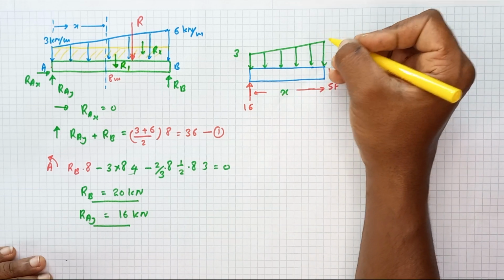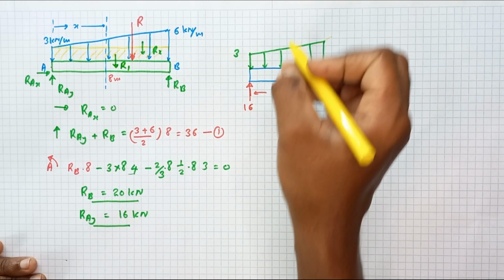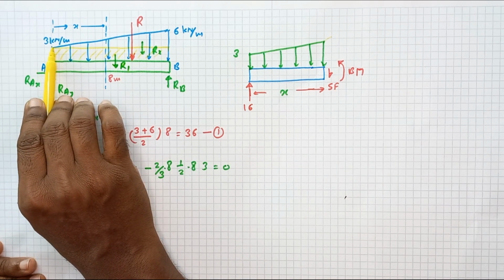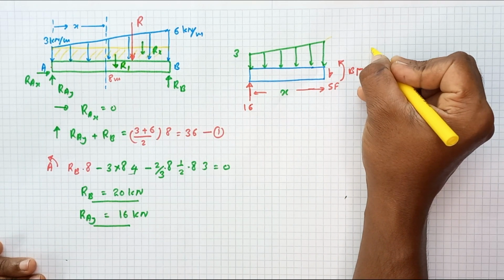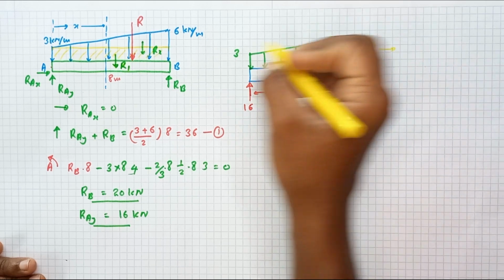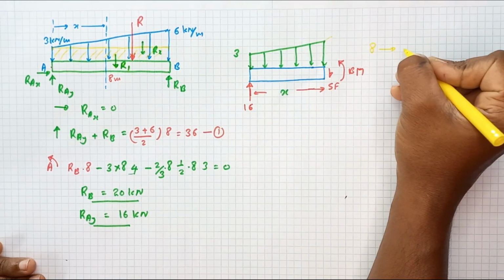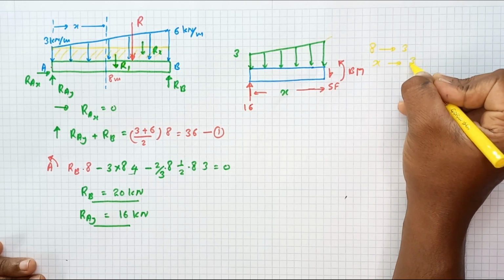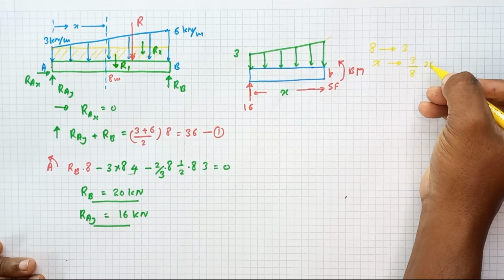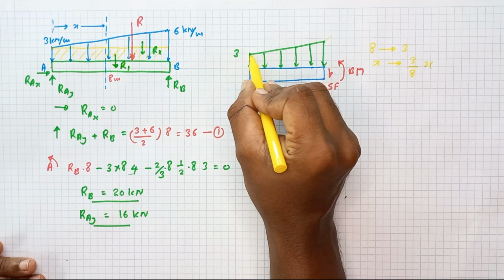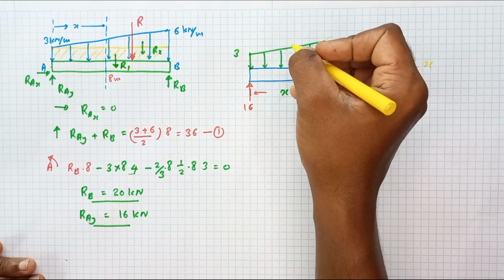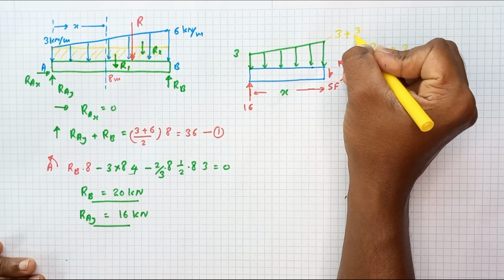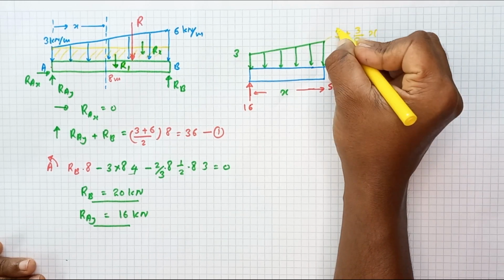Then we can calculate this height. Here, for 8 meter length, the height is increased by 3. For x meter, it is 3 divided by 8 into x. So this height is equal to 3 plus 3 divided by 8 into x.